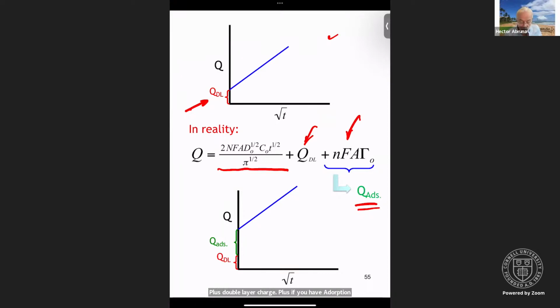And so in the presence of adsorption, that intercept will be displaced on the Q-axis by an amount that will correspond to the adsorbed charge. And so chronocoulometry is used extensively for estimating double layer charging and adsorption processes at electrode surfaces.